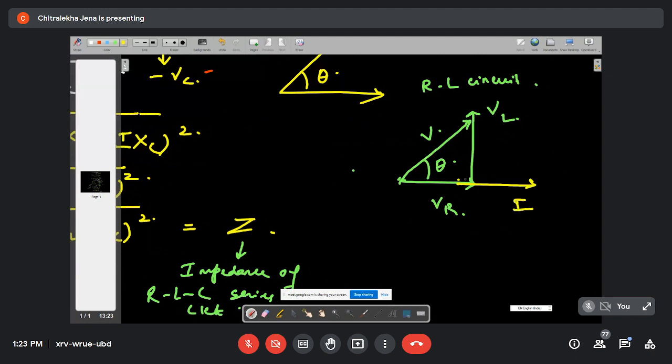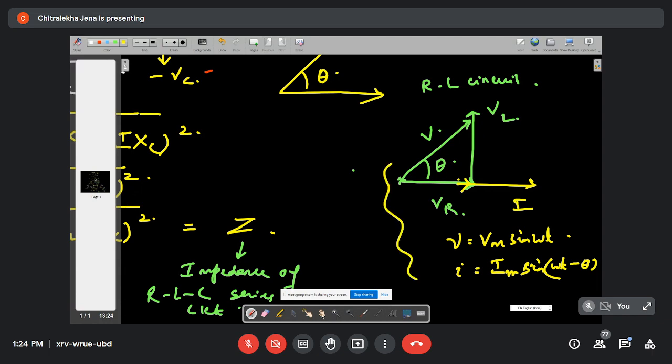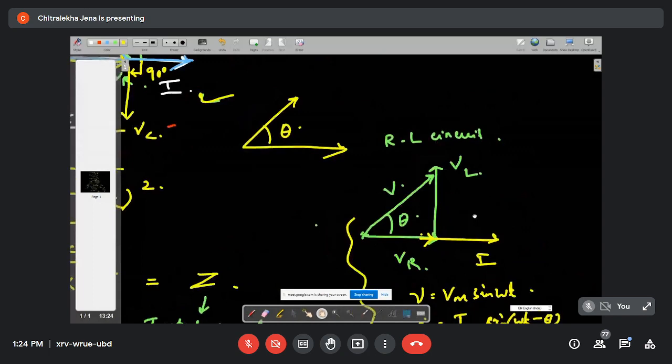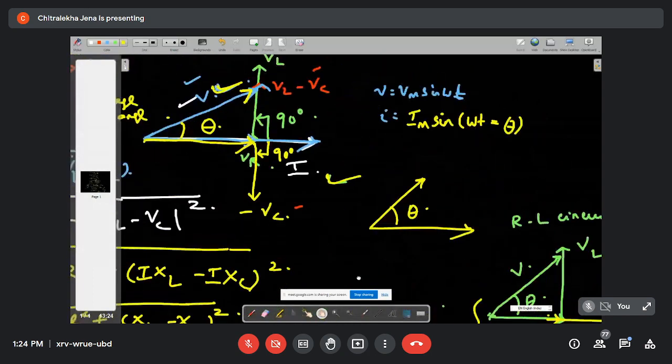Current is obviously in phase with the resistance. The voltage I have written as Vm sin omega t, and the current as Im sin omega t minus theta. What difference have I told you between this circuit, this phasor diagram and that one?